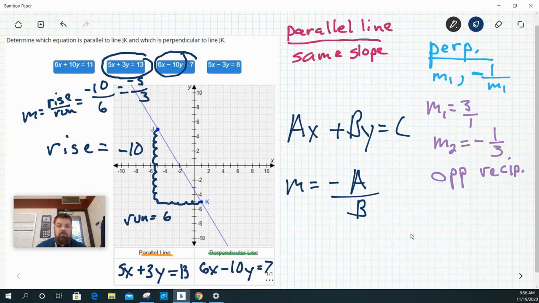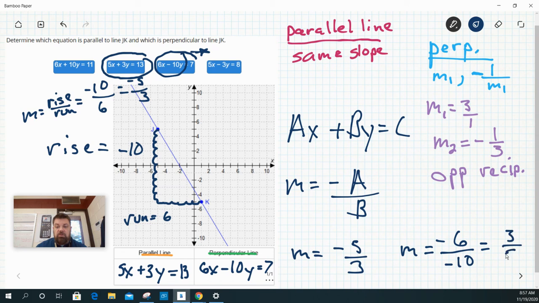Basically, where that comes from is this slope would be negative 5 over 3. That's the first equation. And then this slope here would be negative 6 over negative 10, which reduces down to 3 over 5, which is the negative reciprocal. So this is the perpendicular one.